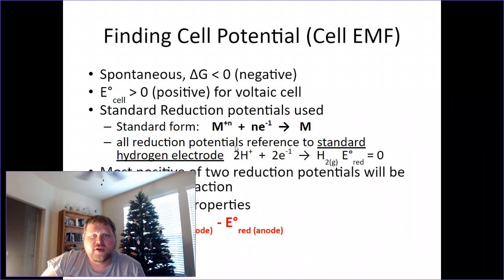And so they look at the equation here. Hydrogen ion gains electrons and reduces to diatomic hydrogen. And they said, let's make this voltage be 0. So everything else we see is just in comparison to hydrogen's ability to gain an electron. If it's more positive, that means you have something that really wants to gain an electron more than hydrogen. And if it's negative, something that when you compare it to the hydrogen doesn't really want to gain an electron.